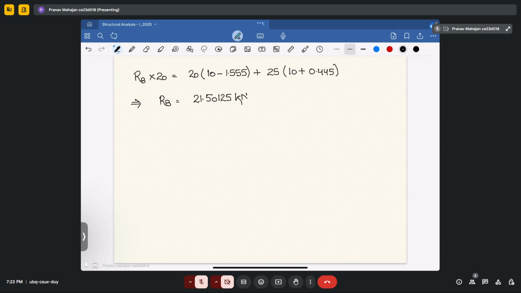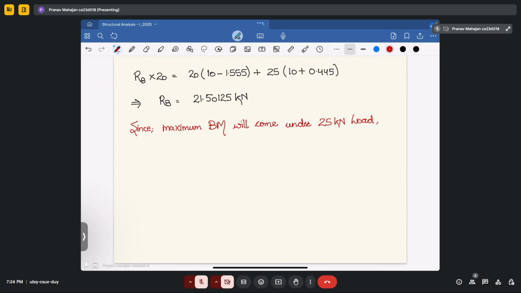So the maximum bending moment will come under the 25 kilonewton load, which is the maximum of both of them.